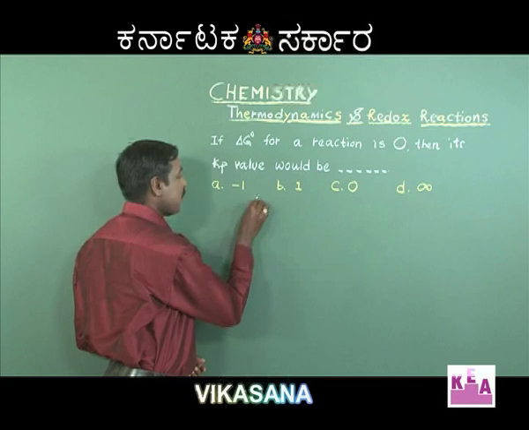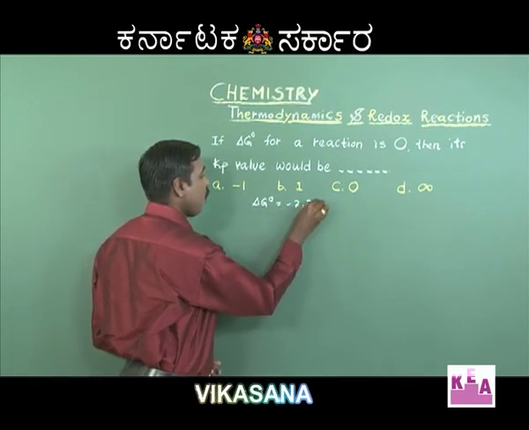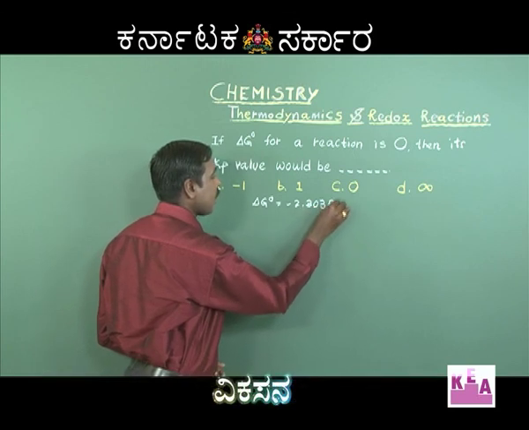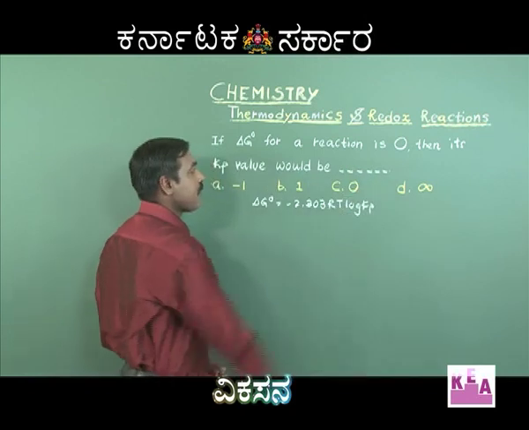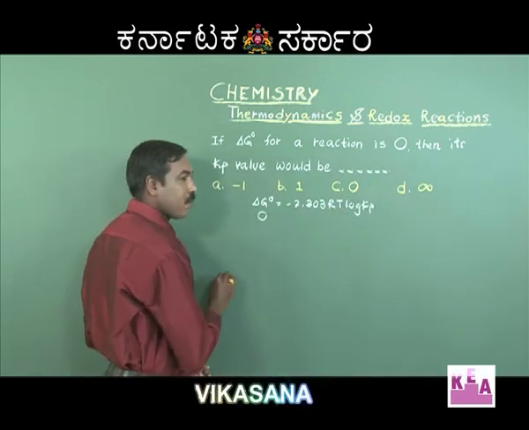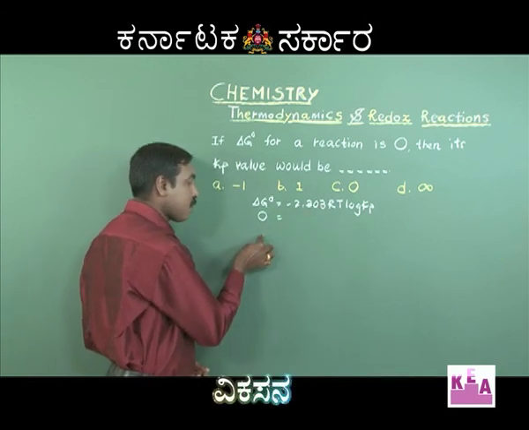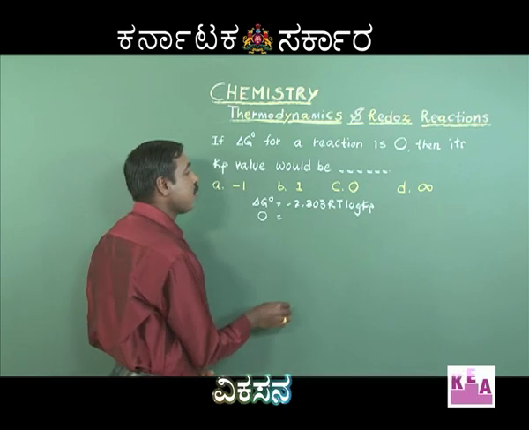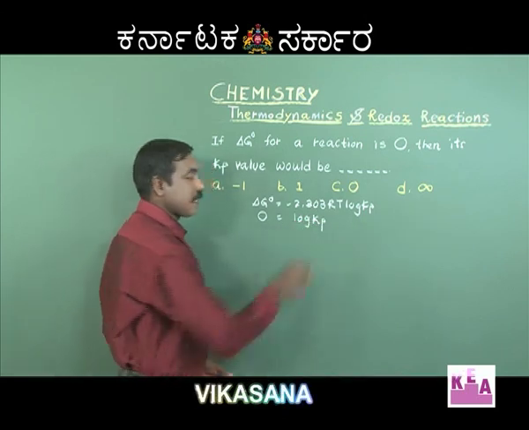This relation is delta G naught is equal to minus 2.303 RT log of Kp. The question itself says that delta G naught is 0, and 0 divided by whatever I transfer to the denominator would definitely be 0. I will get log of Kp as it is.